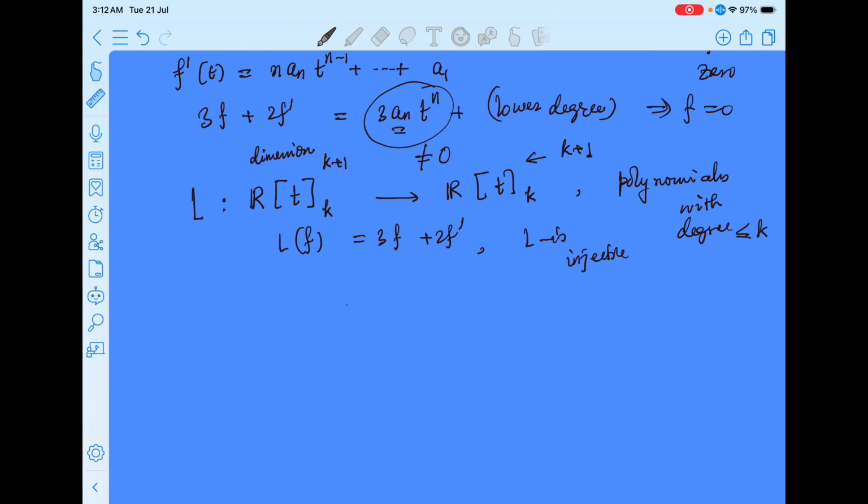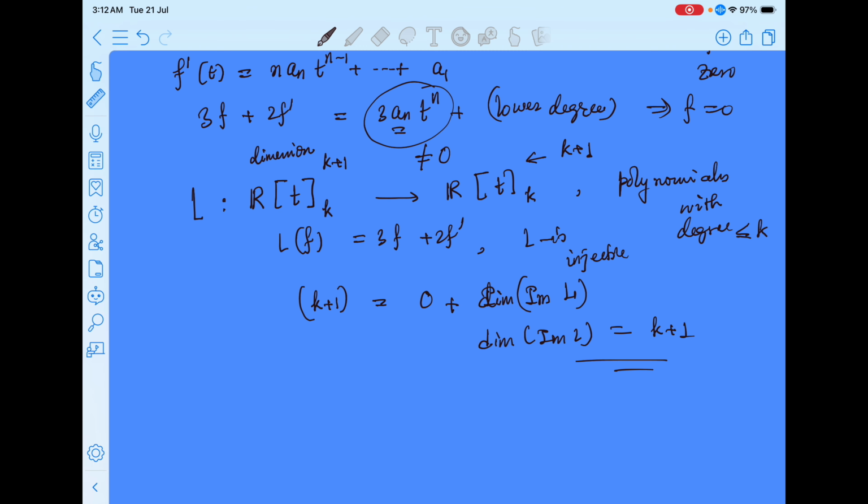As L is injective, by the rank-nullity theorem, the dimension of the space, k + 1, is the dimension of the kernel, which is 0, plus the dimension of the image. So the dimension of the image of L has to be k + 1.